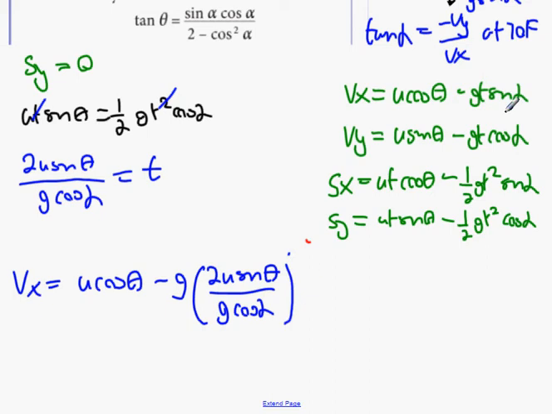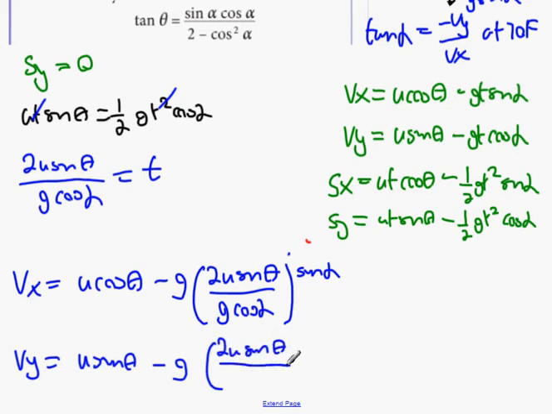Then the next one's going to be phi y, which is going to be u sine theta minus g times t, 2u sine theta over g cos alpha, all multiplied by another cos alpha.